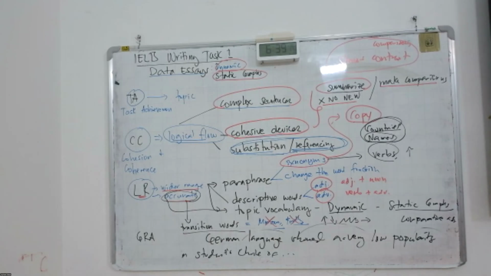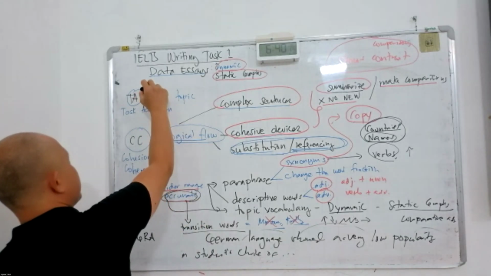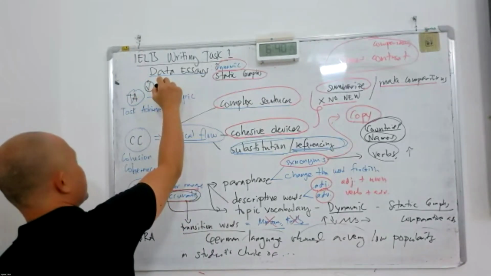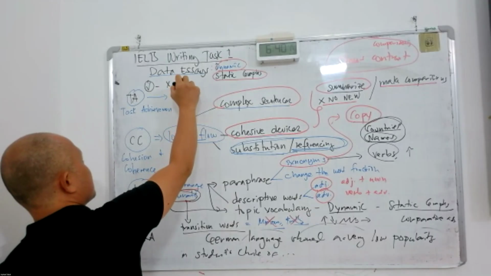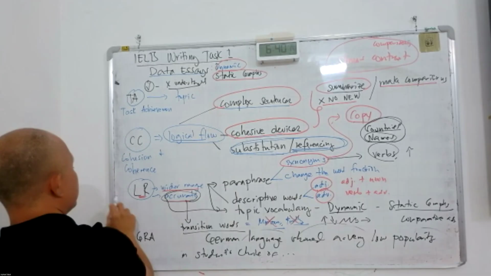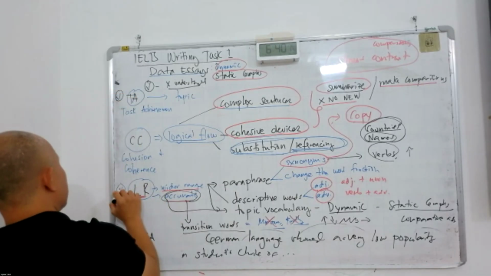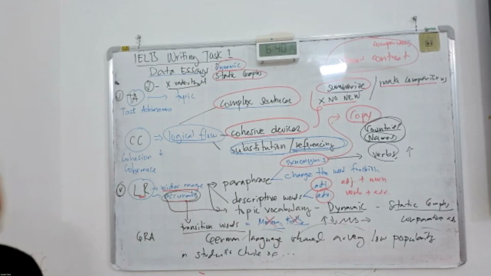And again, if the candidate tried to use that phrase, then it can affect her score in task achievement. That means he or she doesn't understand what the graph is, and it also affects the lexical resource. So here will be affected and this too will be affected.